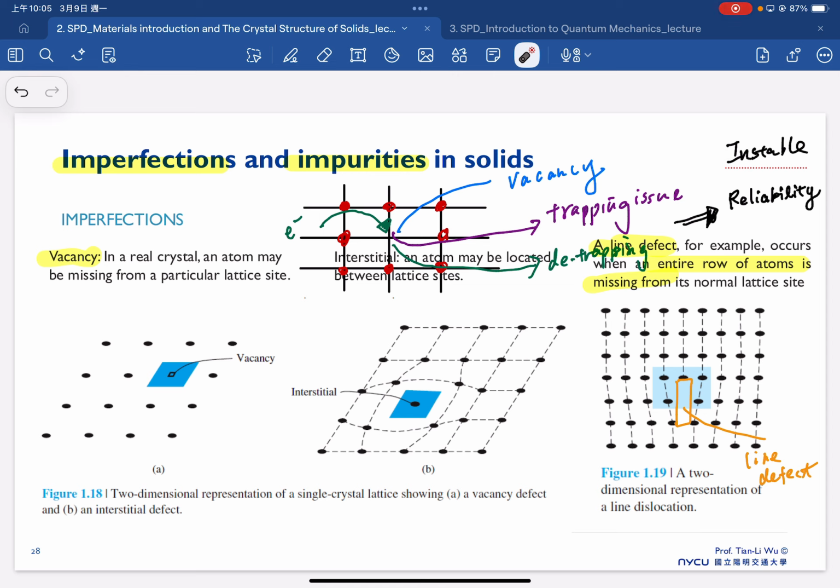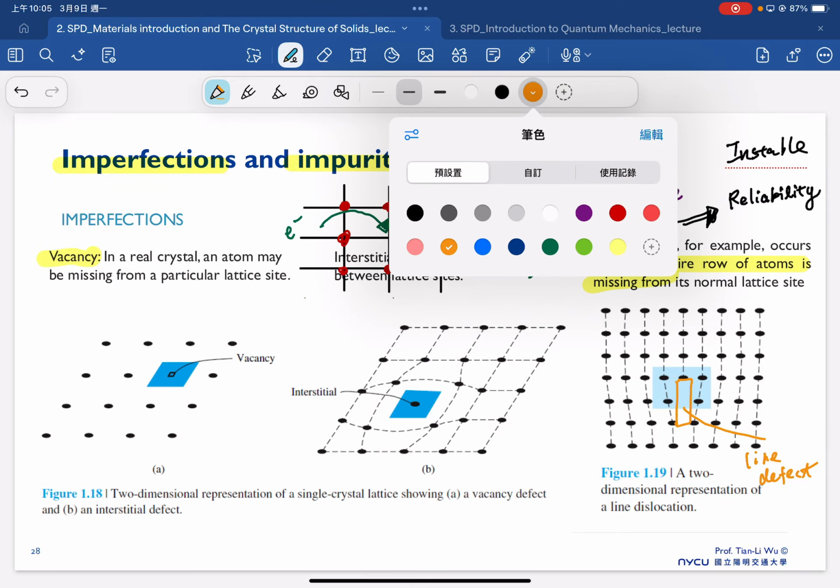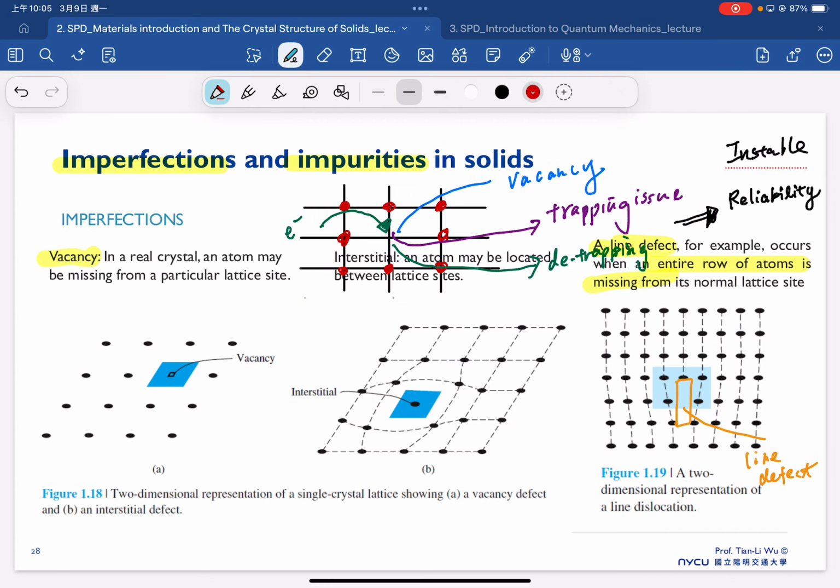For example, one famous case is when we consider silicon as the bottom material. Now we try to grow another material on silicon, for example a compound semiconductor, a III-V semiconductor, gallium nitride.